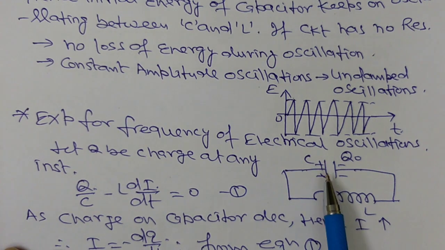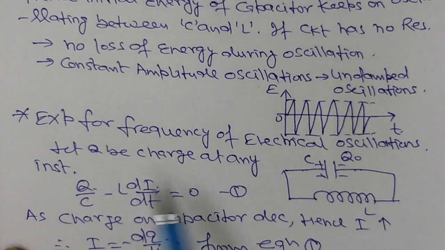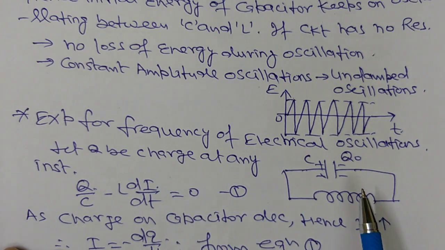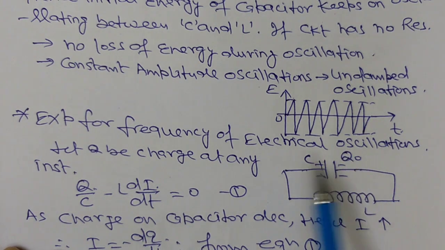Now using Kirchhoff's loop law, here potential across capacitor Q/C, and here the potential difference across this inductor is -L di/dt. So potential across this is equal to 0. Here we are using Kirchhoff's voltage law. So according to this, potential across capacitor and potential across inductor is equal to 0.